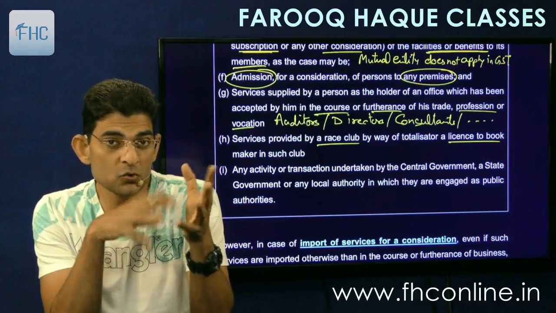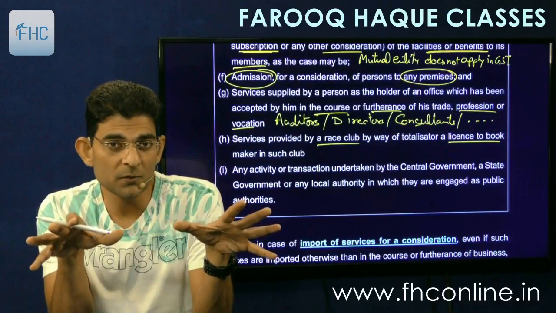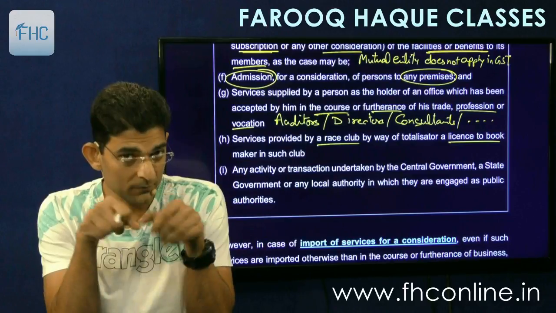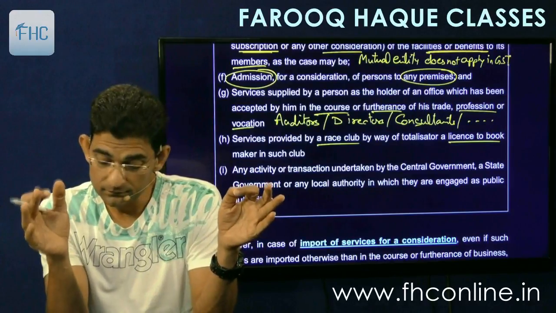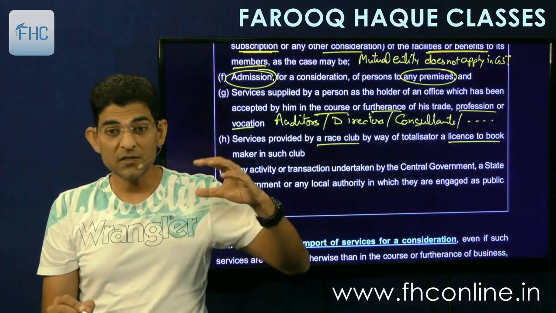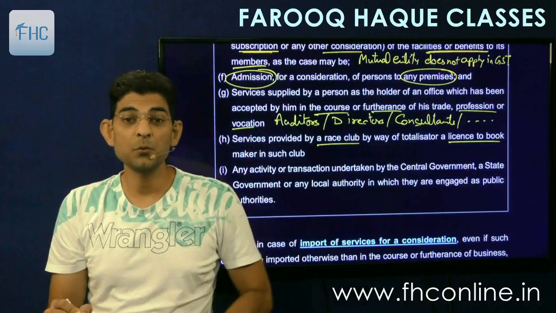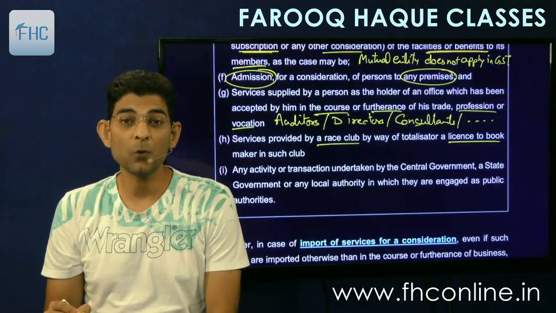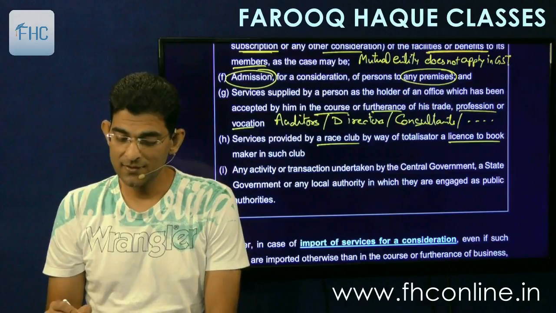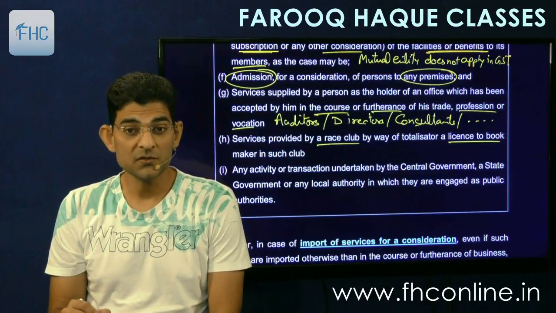So the distribution of the winnings is the concept of totalizator. They collect the whole money, then they distribute it. So the race club provides the service to the licensed bookmakers of distributing the winnings. So that will be called business.